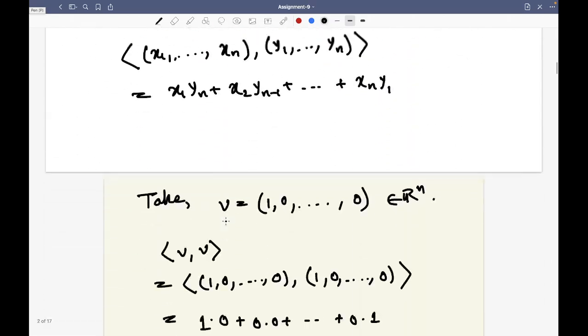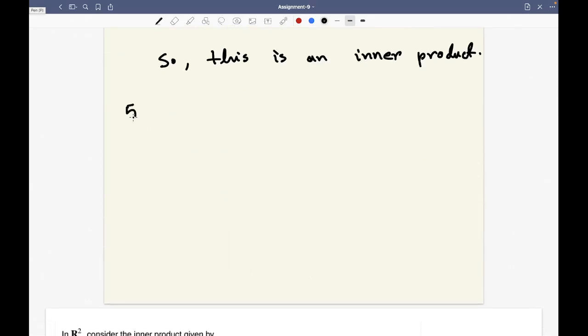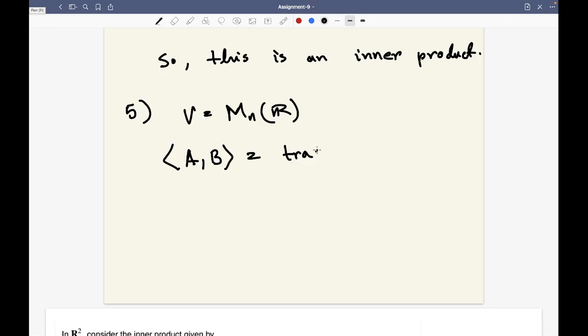So you have to check whether this is an inner product or not. So let's take A non-zero.